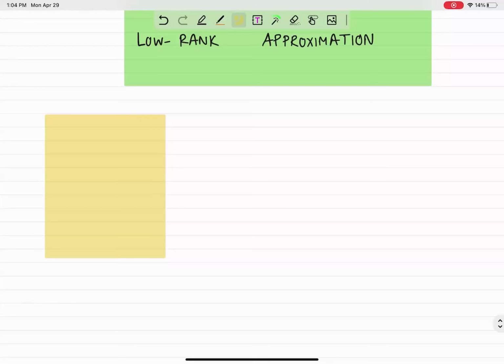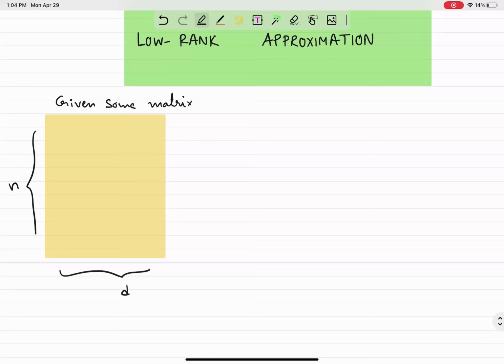So you're given some big matrix, or assume that you have some access to this matrix, which is an n by d matrix.